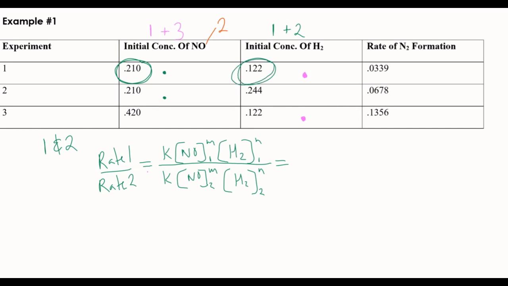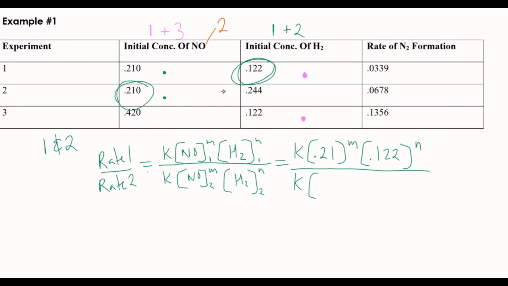So for 1, going to plug in 0.210 and 0.122. All right, so now we're going to plug in reaction number 2. So that 0.210 and that 0.244.